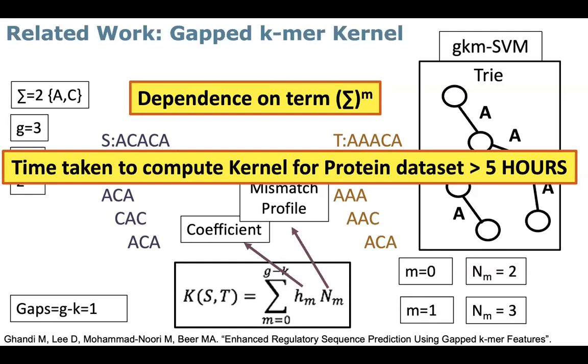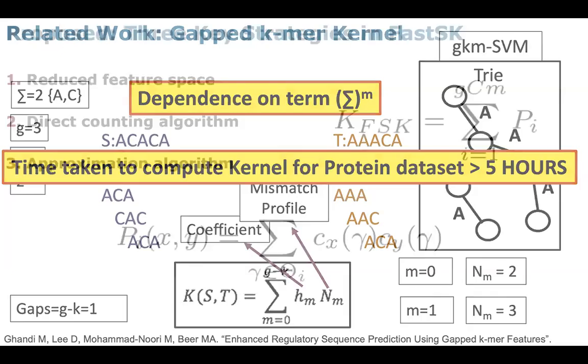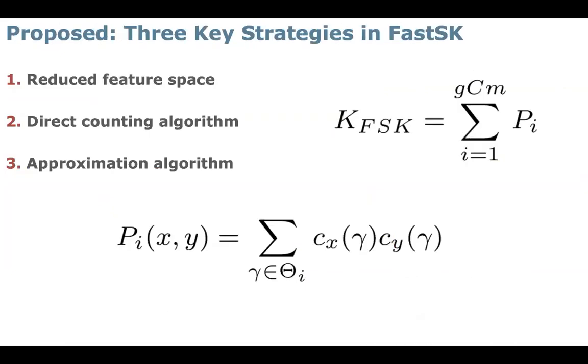So it works on DNA sequences, but it's almost impossible for the protein or the language case. So we improved this gkm-SVM by reformulating their formulation into something called a summation of partial kernels.